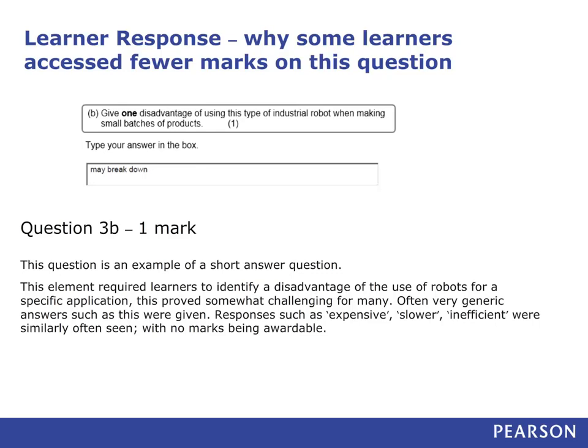This proved somewhat challenging for many. Often very generic answers such as expensive, slower, inefficient were seen, with no marks being awardable. Learners should be recognizing that robots are ideally suited to mass or continuous production, and constant reprogramming for small batches is a disadvantage.